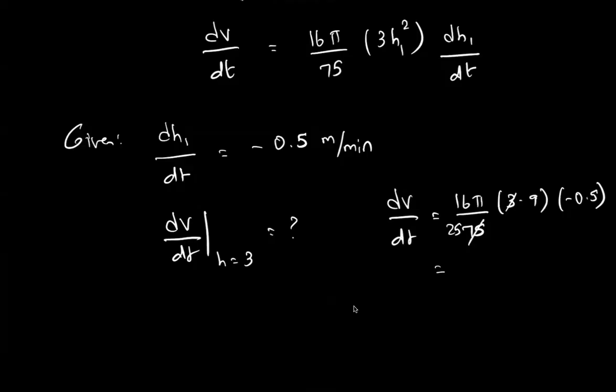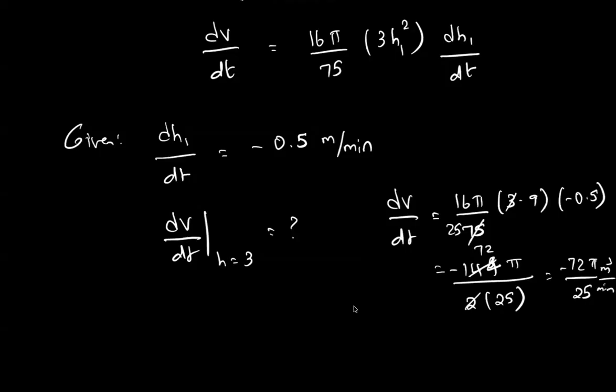So what do I have? 9 times 16 is 144, so negative 144 pi over 2 times 25. That becomes negative 72 pi over 25 cubic meters per minute.